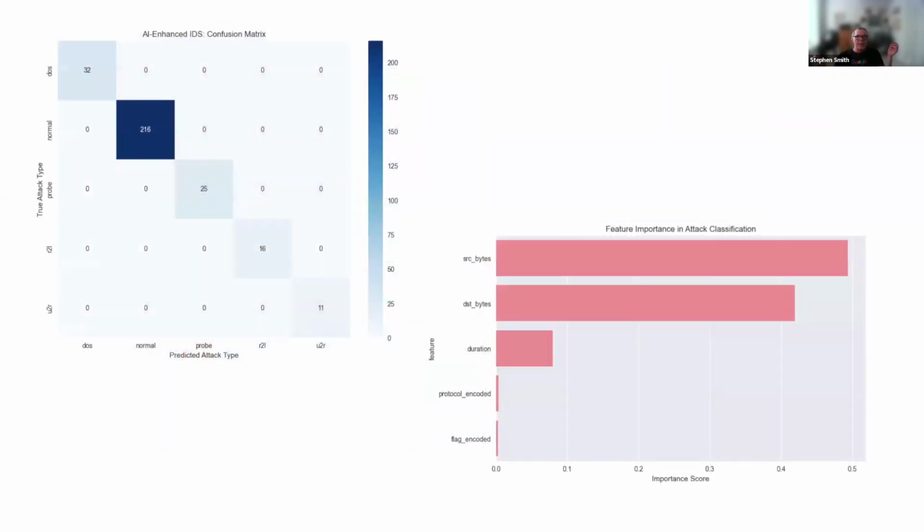All right, and this is if we were doing a supervised machine learning approach, right? So if we had labeled attack data, we would have a different look. A confusion matrix is really clean because we've got everything labeled. We know about it. We use random forest to combine the methods and do the decision trees.